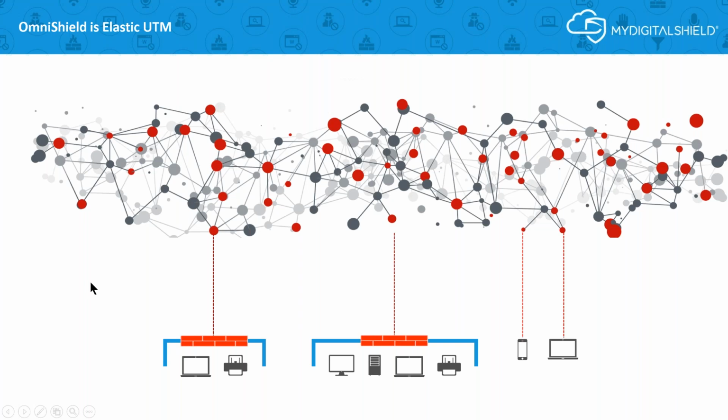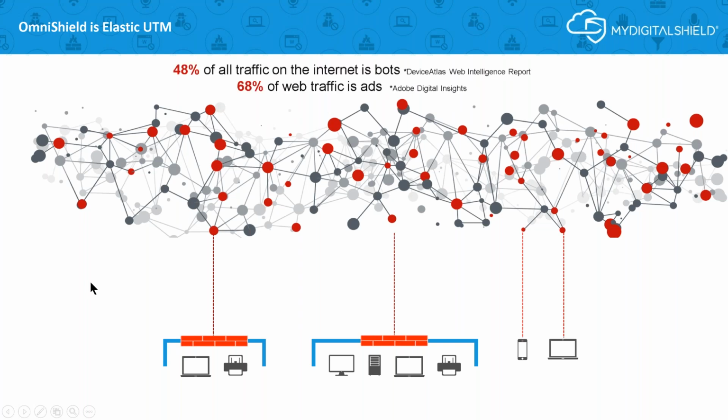So how much stuff? Well, actually look this up, and 48% of all internet traffic is bots. It's non-human. So that means that if you have a 100 meg pipe, 48 megs of it is being used up by all bots and everything else.